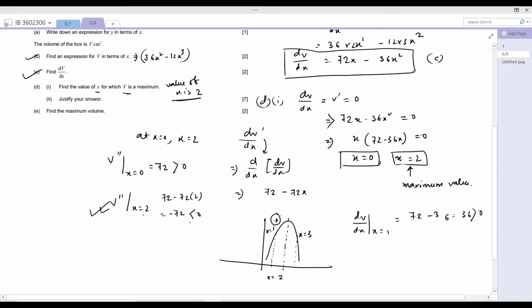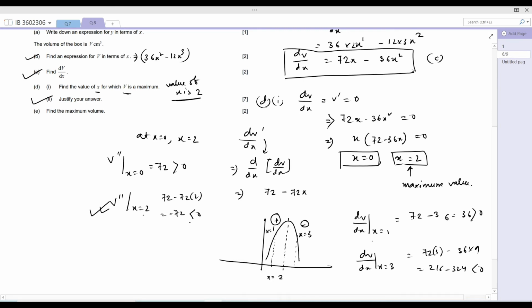At x equals 3, it is 72 into 3 minus 36 into 9, so 216 minus 324, which is less than 0, a negative slope. It means at x equals 2 we have the highest point, so the answer is justified. To justify the answer, you just need to take two points, one below the critical point and one above it, and calculate dv/dx.